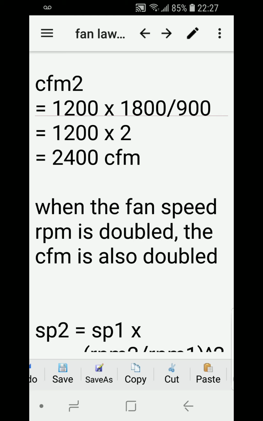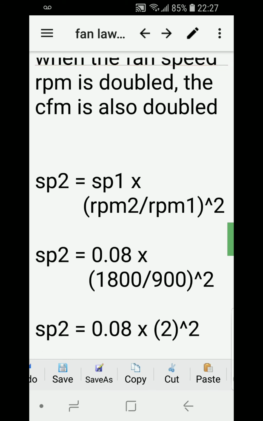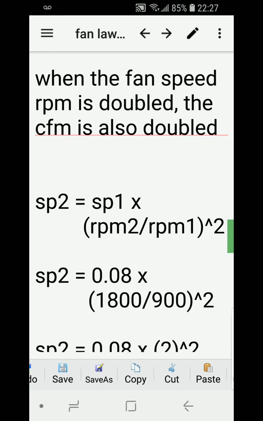Let's see what happens to the static pressure. Static pressure has a formula of static pressure 2 is equal to static pressure 1 times the square of the ratio of the RPMs.